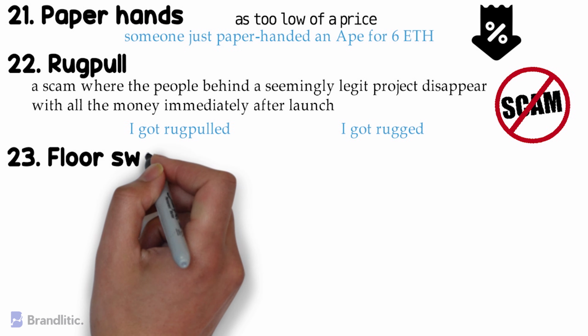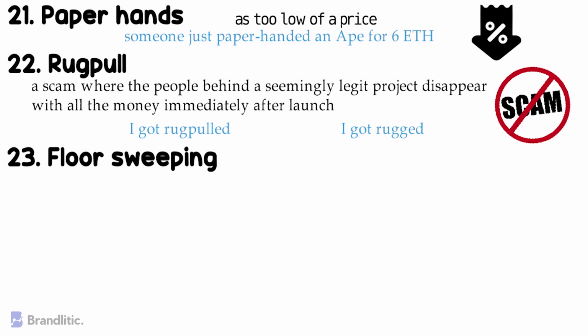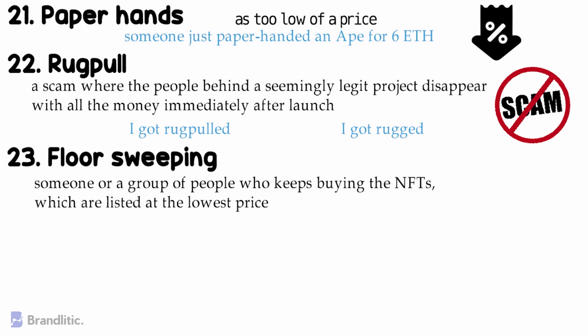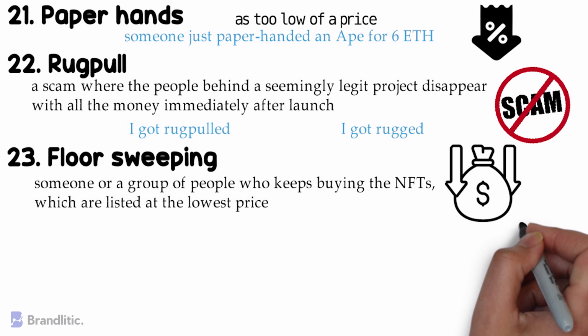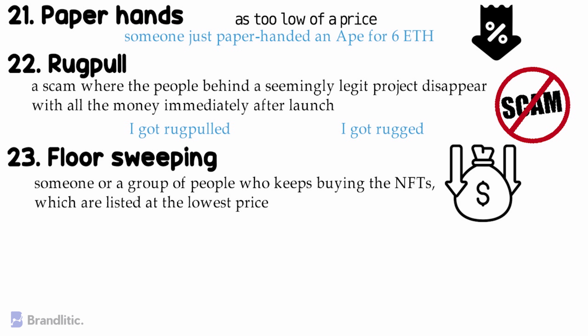Next, number 23, floor sweeping. It refers to someone or a group of people who keep buying the NFTs which are listed at the lowest price, and similarly you can always see people on different NFT project Discord channels screaming sweep the floor to encourage members in the community to buy NFTs at the floor price in order to raise the floor price of the project.